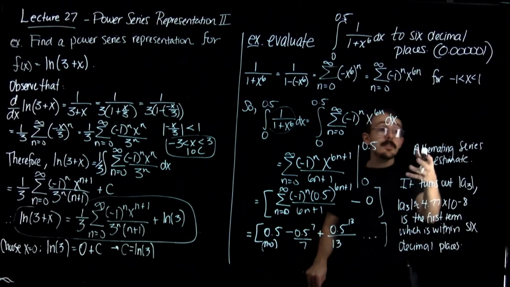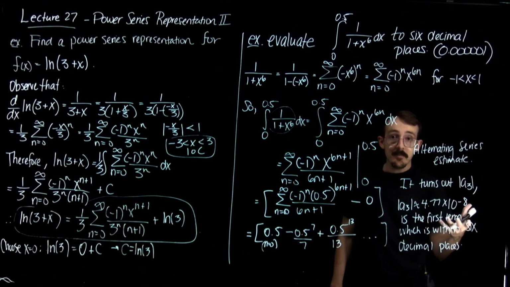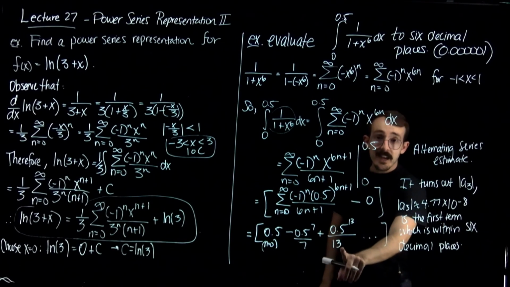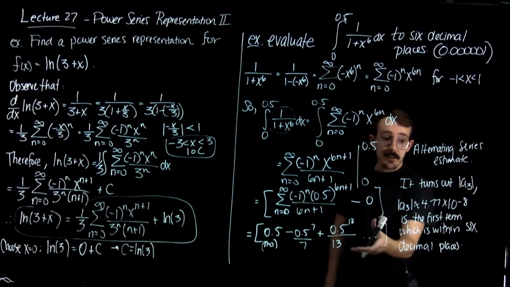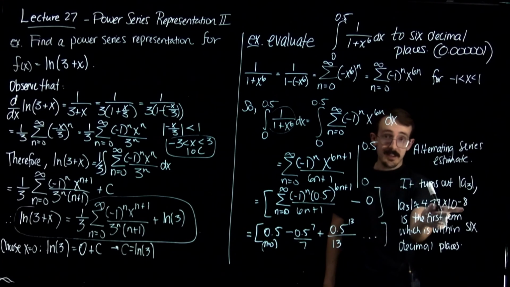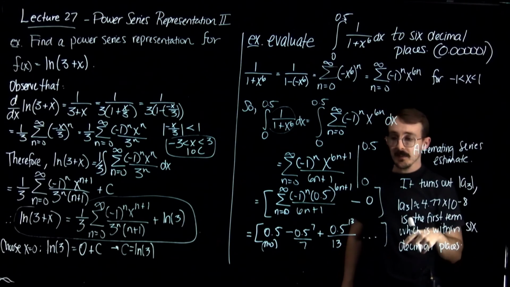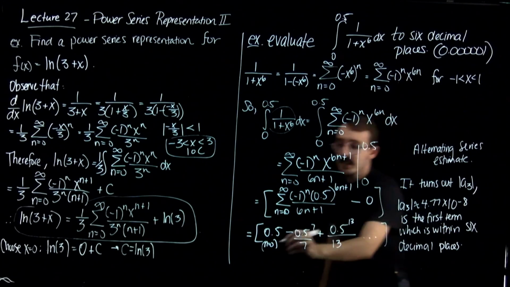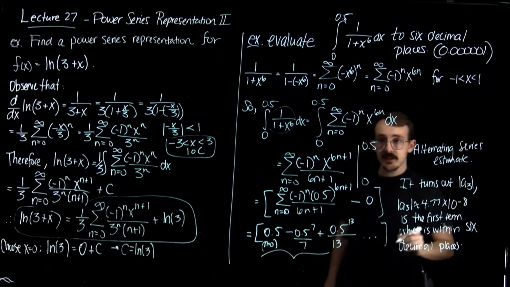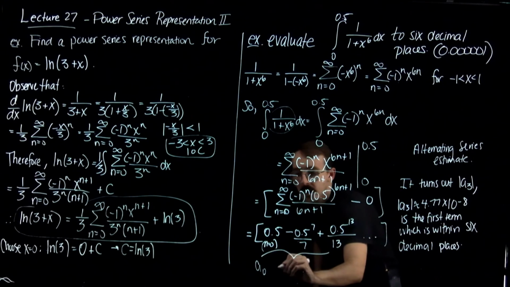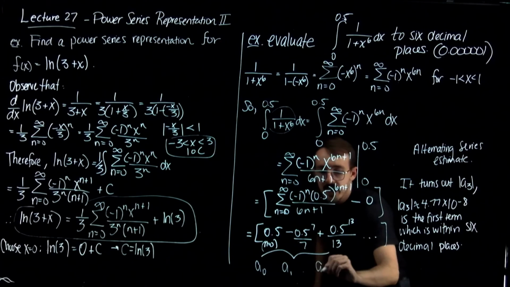And as such, by the alternating series remainder theorem, once you find that term that ensures the error is within this amount, so this is the first instance where I'm within 6 decimal places, it turns out I just need up to all the previous terms. So I'm going to need A0, A1, and A2.